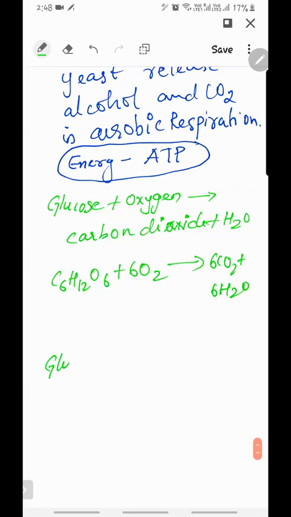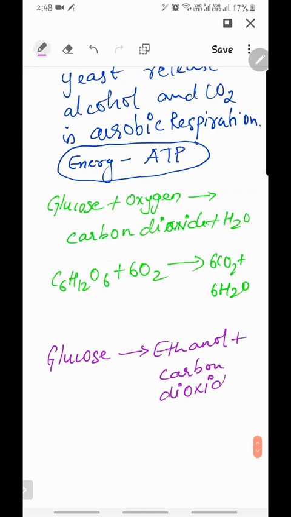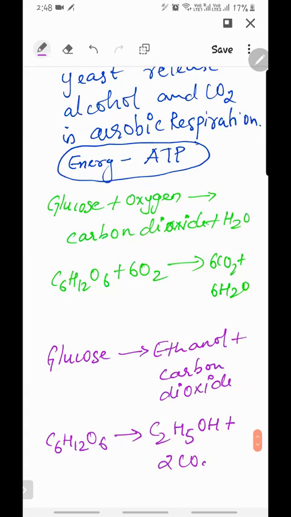Now glucose will produce ethanol plus carbon dioxide. It means C6H12O6 will produce C2H5OH plus 2CO2.